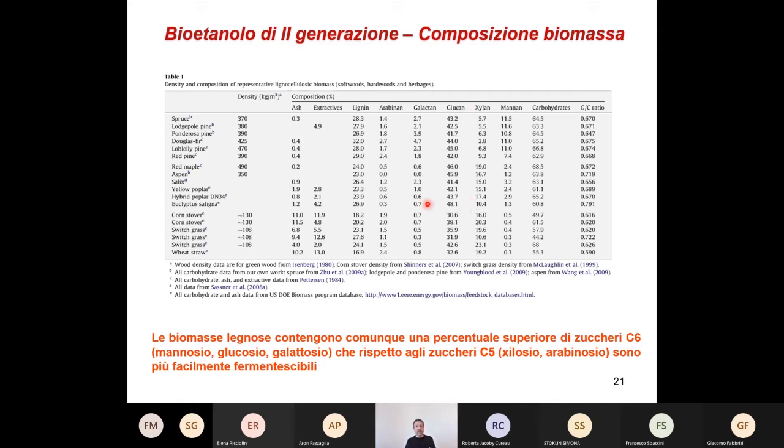I underline this because of course we in general concentrate our processes toward glucose and in some cases towards xylose.